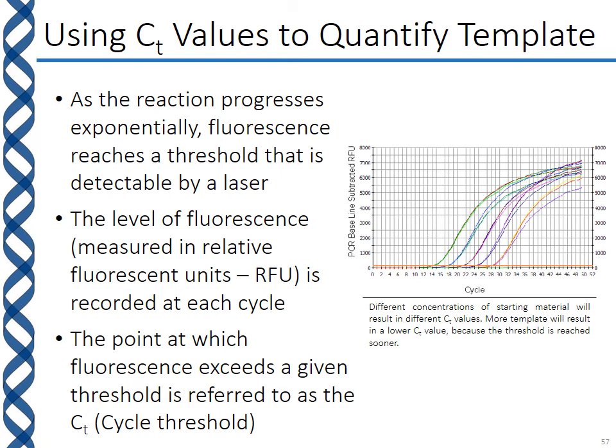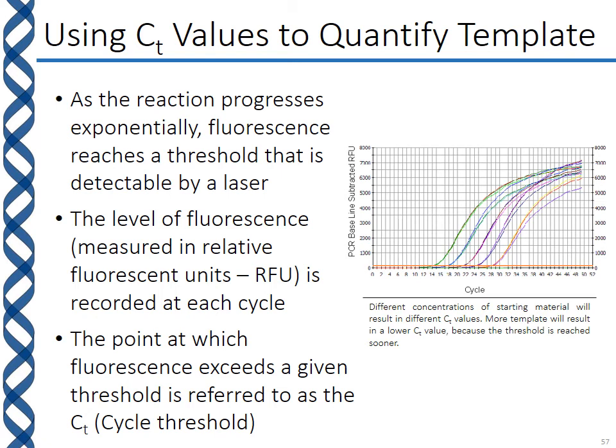So if you look at the graph on the right, you see that orange line down at the bottom, that is the baseline level of fluorescence. This particular graph, if you look on the left axis, says PCR baseline subtracted RFU.